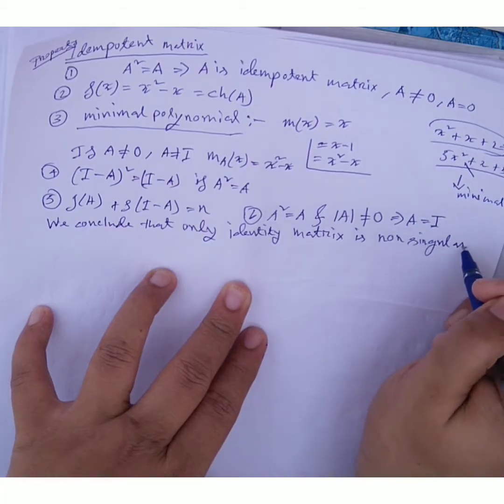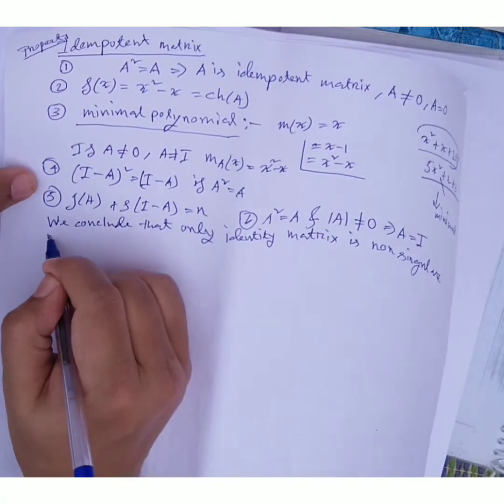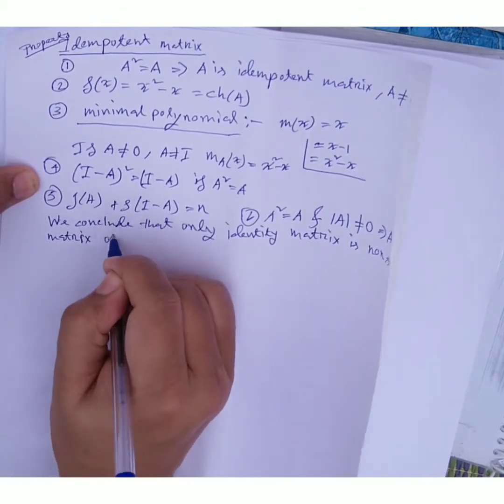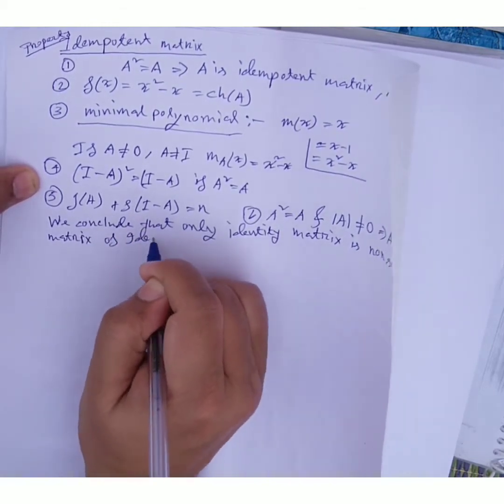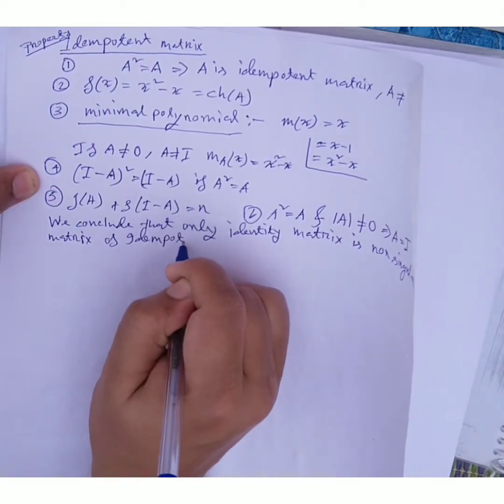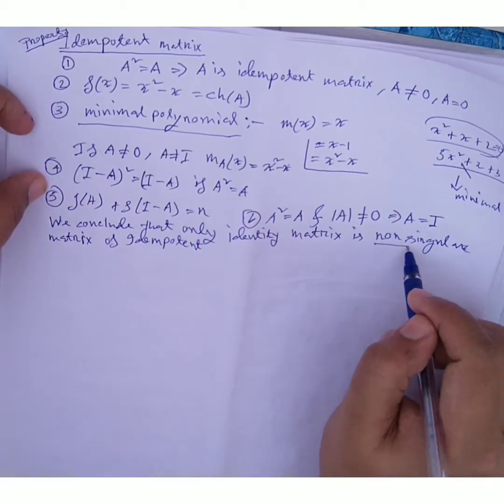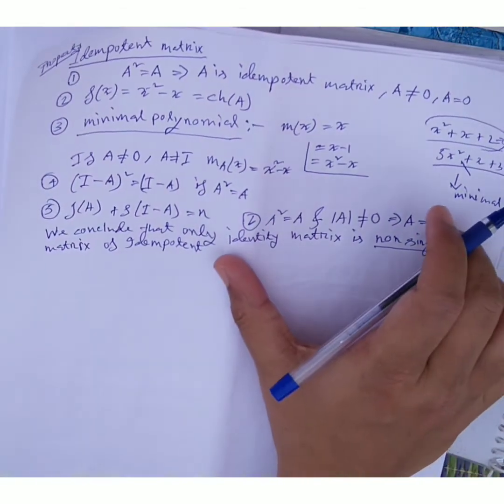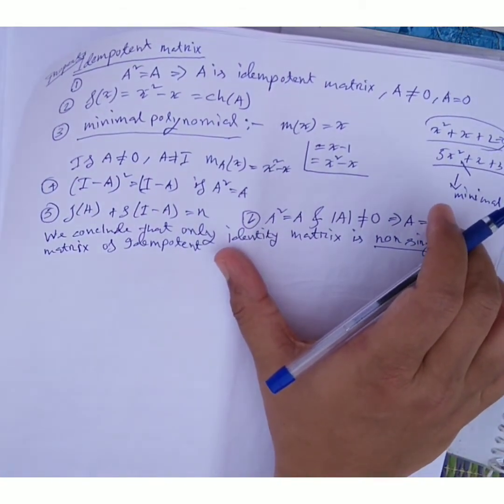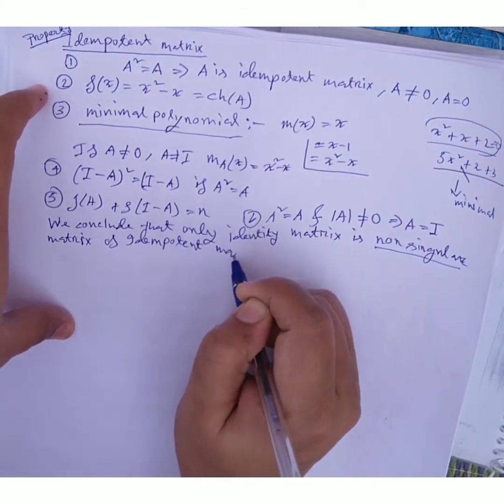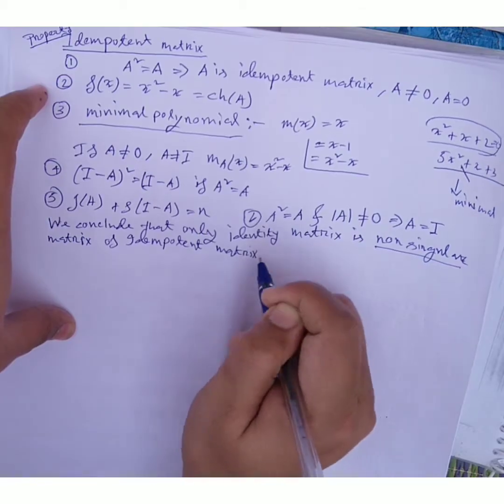Non-singular matrix of idempotent matrix. Must remember, if an idempotent matrix is non-singular, then it is obviously the identity matrix. Every idempotent matrix is singular except the identity matrix.